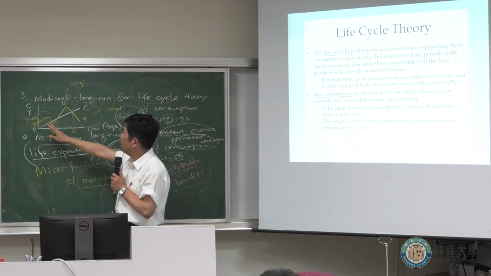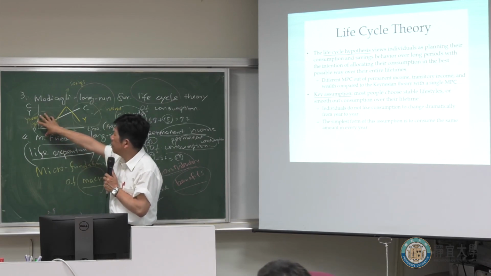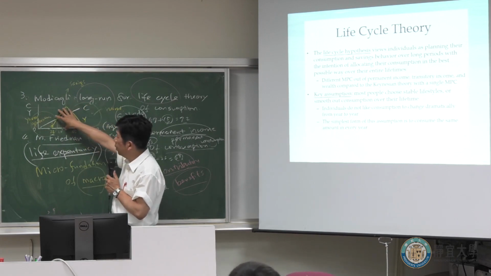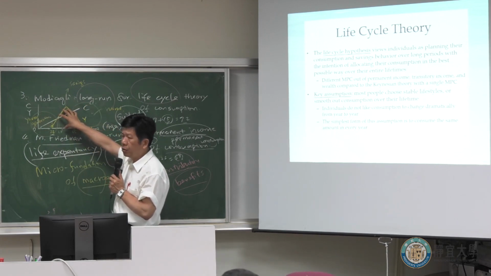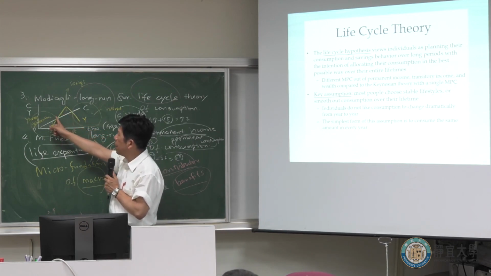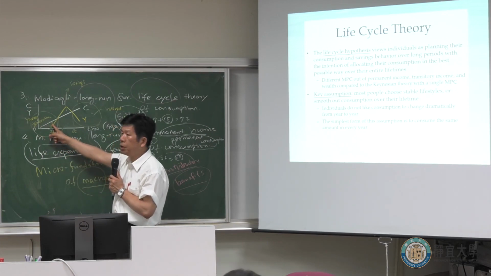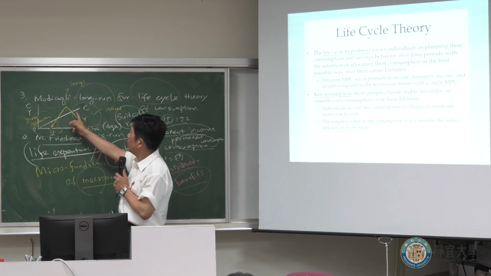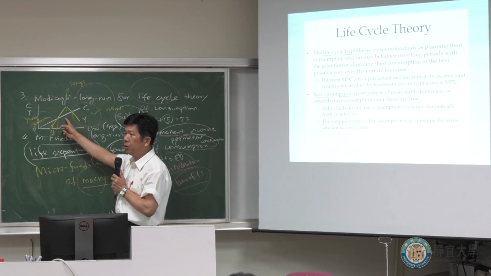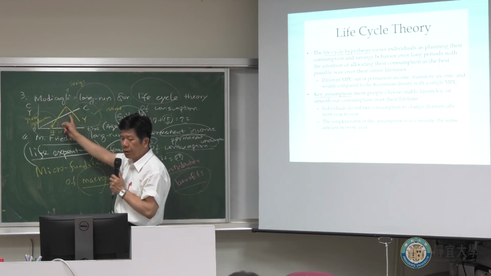Okay, so for the whole life, this is the young generation period, this is retired, and this is the middle age. You can look if during the young age, maybe the consumption is larger than earning or income, or retired, same, and in the middle age, the earning is always larger than the consumption.